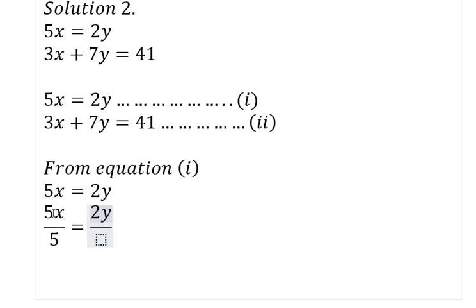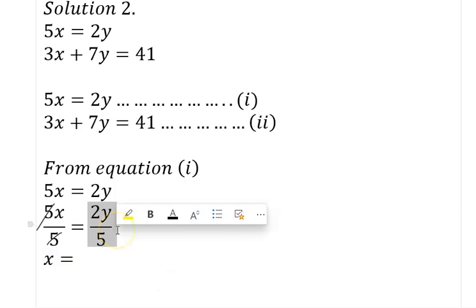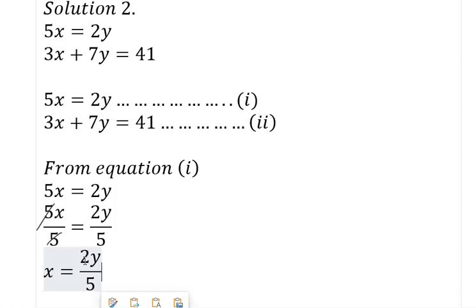And we are dividing both sides by what? 5. Beautiful. So this 5 can cancel this 5. And our x, remember it is substitution method, our x can now be what? 2y over 5. Beautiful. So let's call this one equation 3.